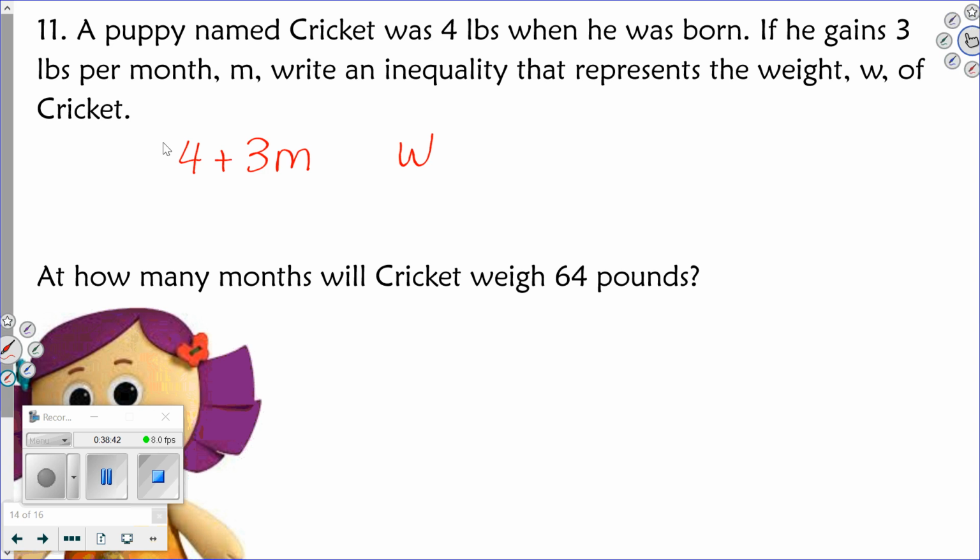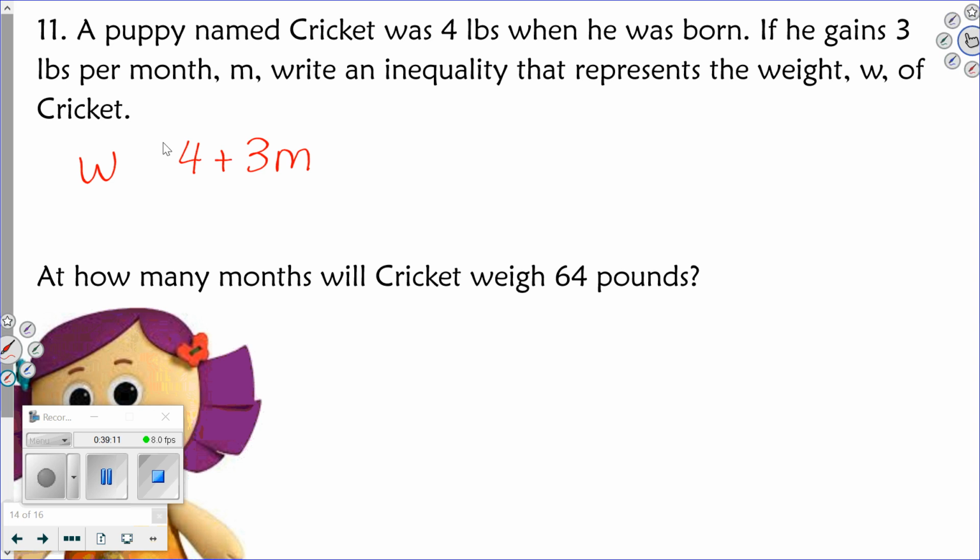Now I'm going to tell you guys one thing. For me, when I'm writing an inequality, having the single variable on this end sometimes is confusing. I might put it on this end. So his weight, is that greater than or less than that? Well, you know what? Let's do it this way.